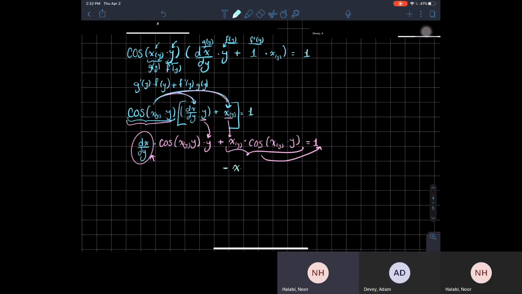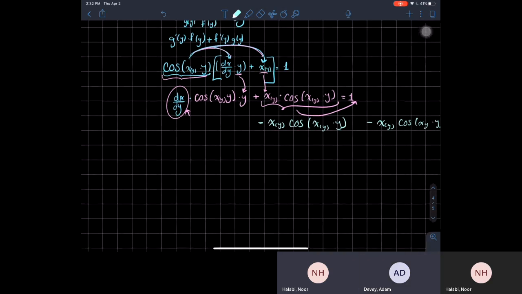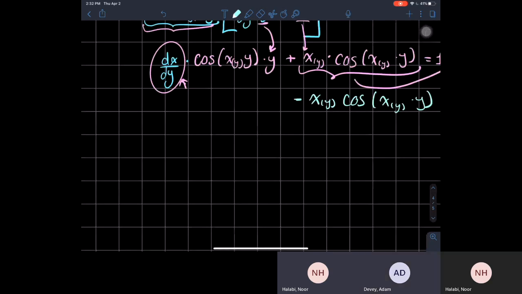Subtracting, exactly. So it's going to be minus xy cosine of xy times y. And here I do the same. I subtract the same term, minus xy cosine xy times y. Perfect. So now I ended up with a really important thing.